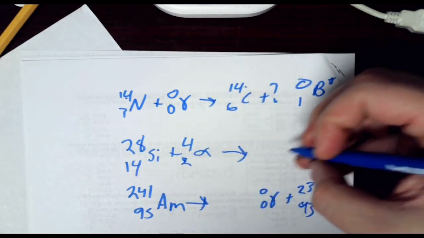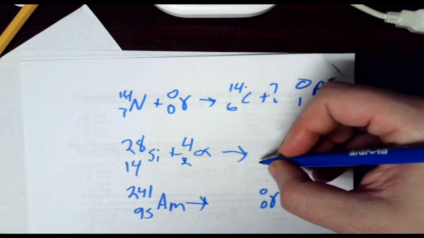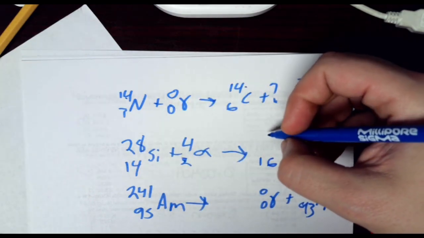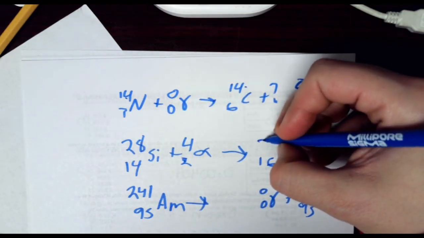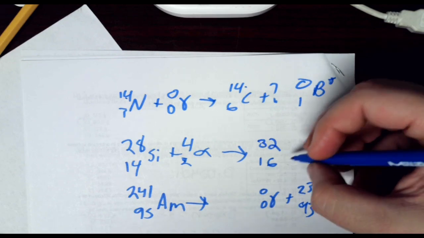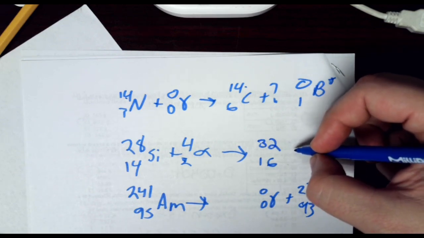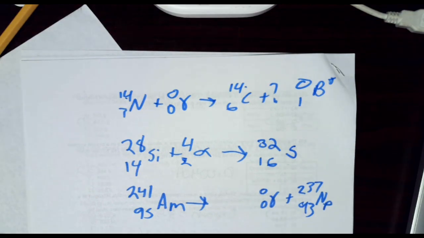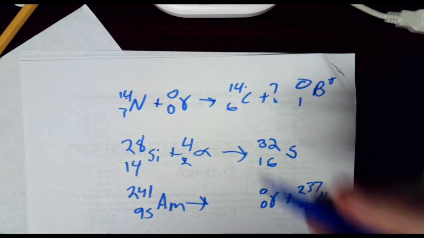Combining these together, atom smashing an alpha particle into a silicon, this forms 16, and 28 plus 4 is 32. This 16 is, I think, a sulfur atom. Yes, it's a sulfur atom.